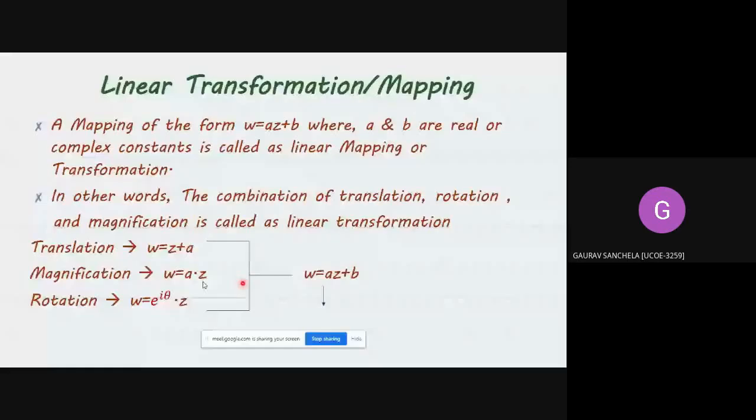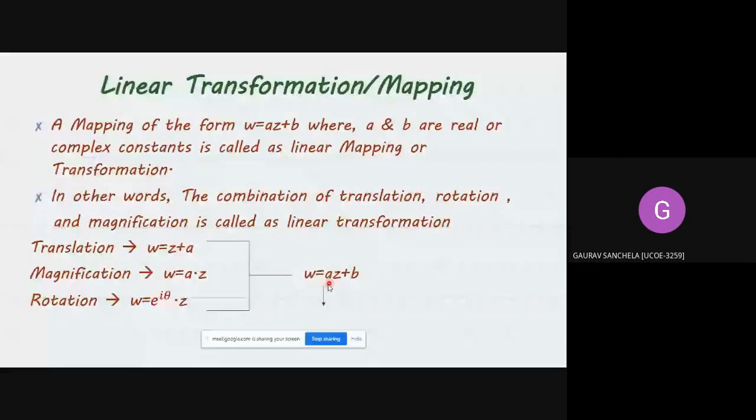As you can see, az is there, but rotation is not visible in this equation. Here a is a complex constant. The polar form of a complex variable is r e raised to i theta. So in place of a we write r e raised to i theta. Now these three transformations are present.